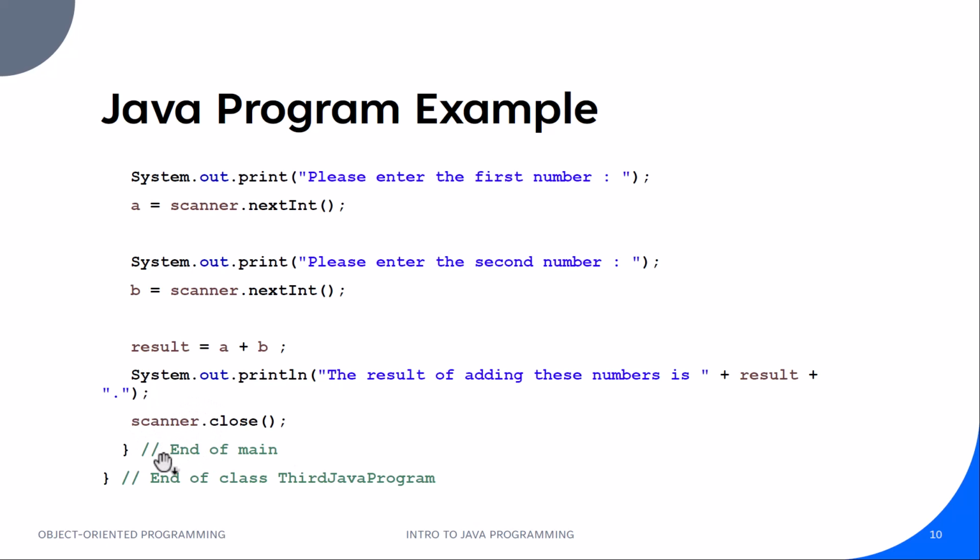And another common notation when writing Java programs is to end certain blocks with comments such as end of main or end of class ThirdJavaProgram. Now, in simple programs, it's easier to identify where these blocks end, but in large programs, it's helpful to include such comments to identify where our blocks end.